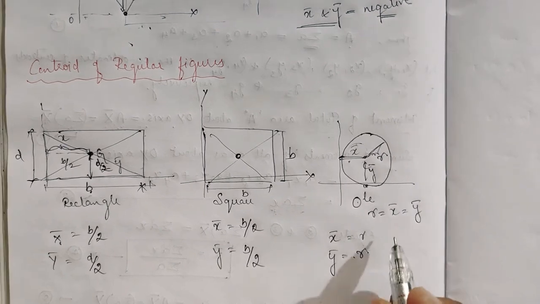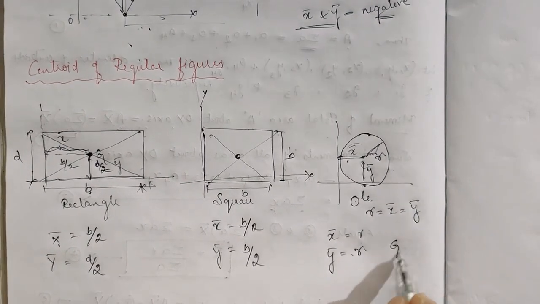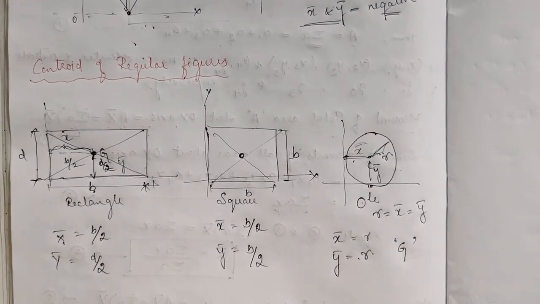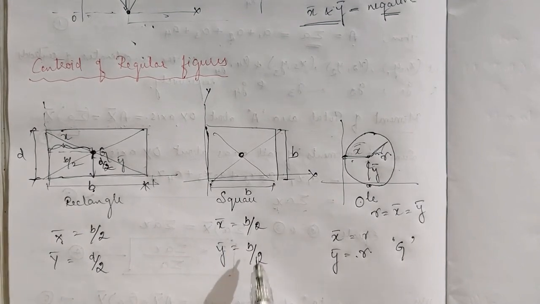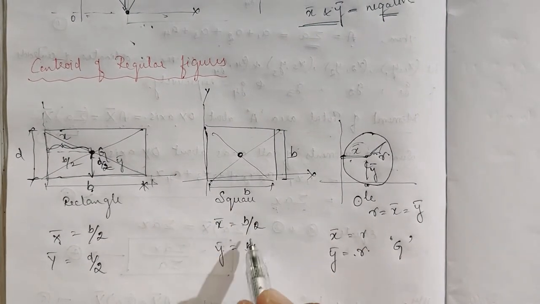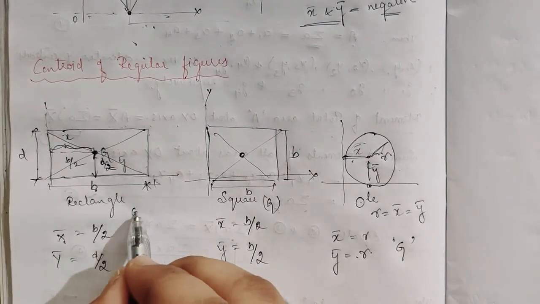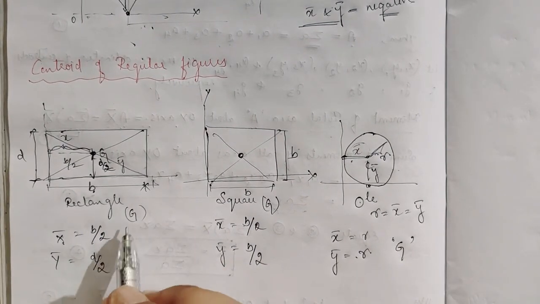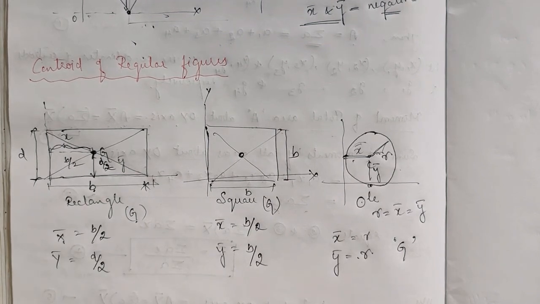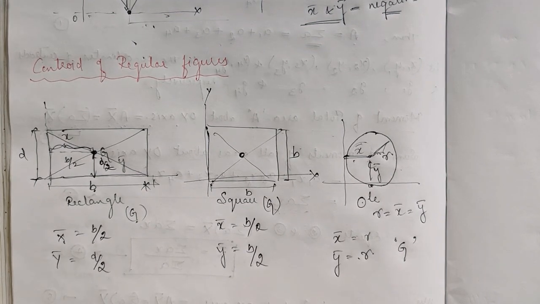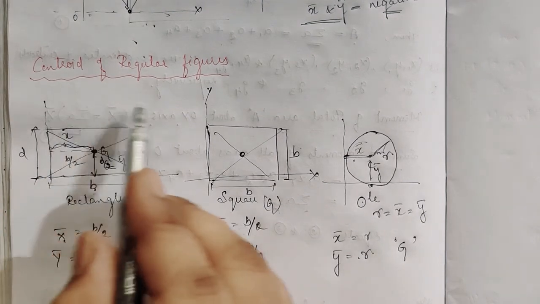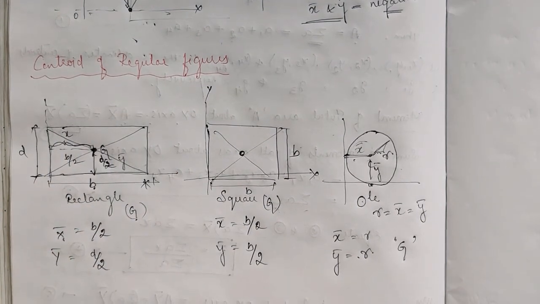At the exact center of the circle we can find the centroid G. At b by 2 on both sides, we can find the centroid of the square. At b by 2 and d by 2, we can find the center of the rectangle. Like this we can locate the centroid for regular figures.